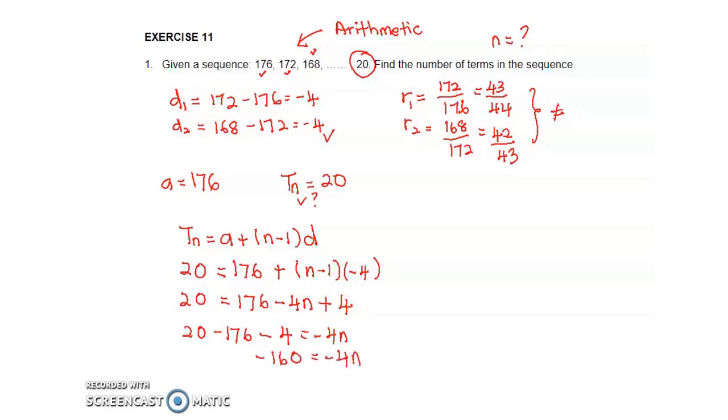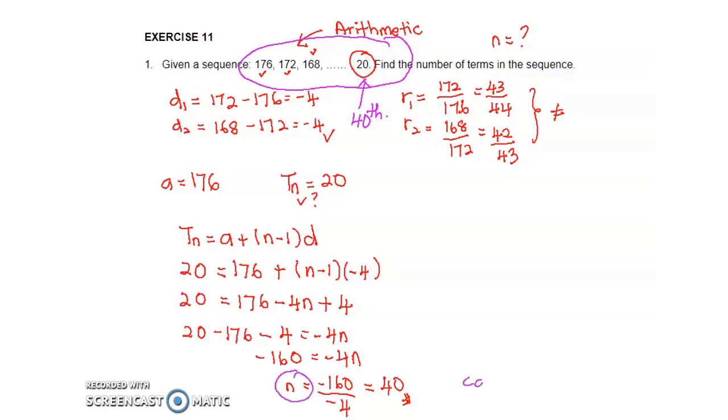So n here equals negative 160 divided by negative 4, so n equals 40. This means that in this sequence we have 40 numbers; 20 is the 40th number. Also note that when we find the value n, n cannot be negative. We cannot say that there is a negative 40th number in the sequence.